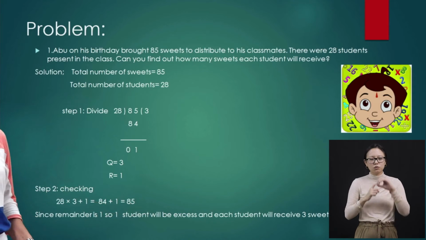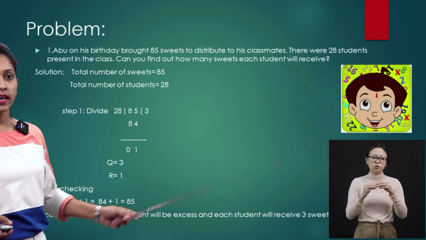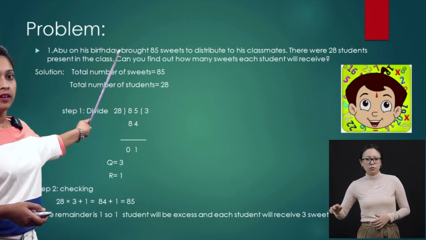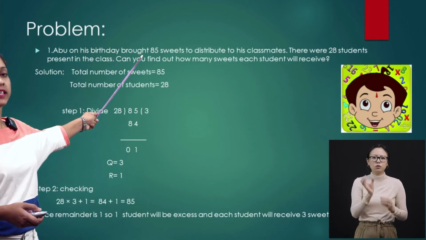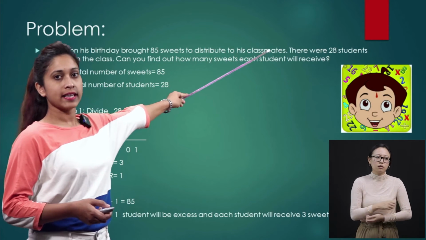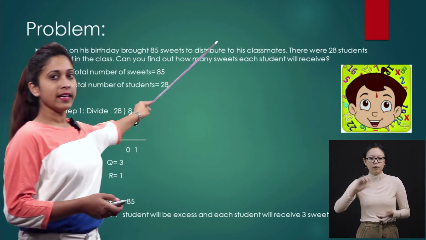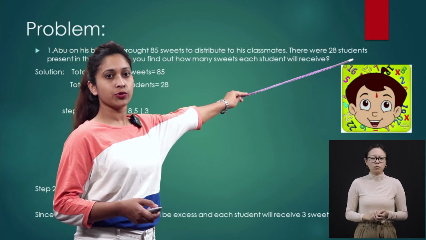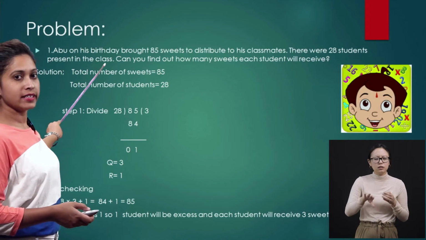We have one problem here. A boy called Abu, on his birthday, he brought how much sweets? He brought 85 sweets to distribute to his classmates. Alright, then what he did was that there were how many students? 28 students present in the class.